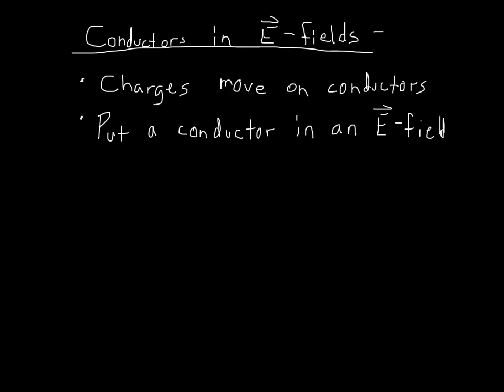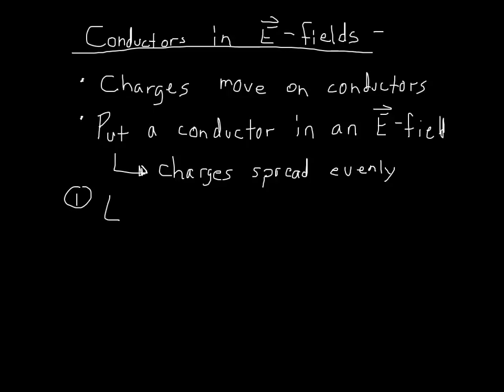It turns out all of the charges will spread evenly along the surface. They align themselves with the electric field and spread themselves evenly. And this even spread means that the electric field inside the conductor cancels out the electric field outside, so the electric field inside becomes zero. Inside of a conductor, you have no electric field.